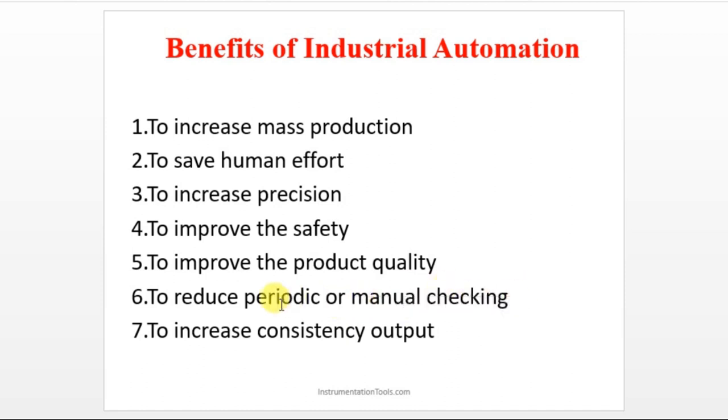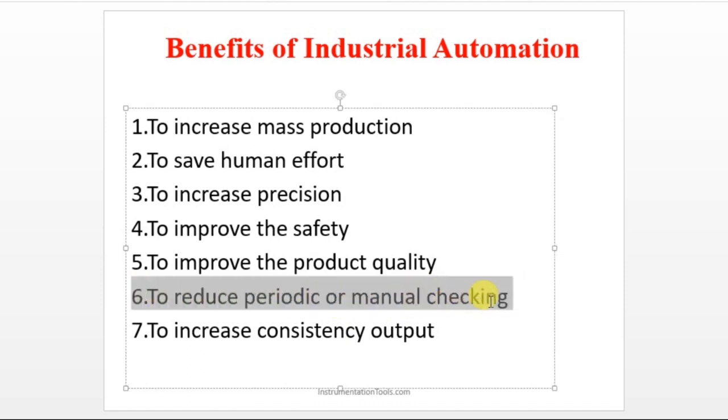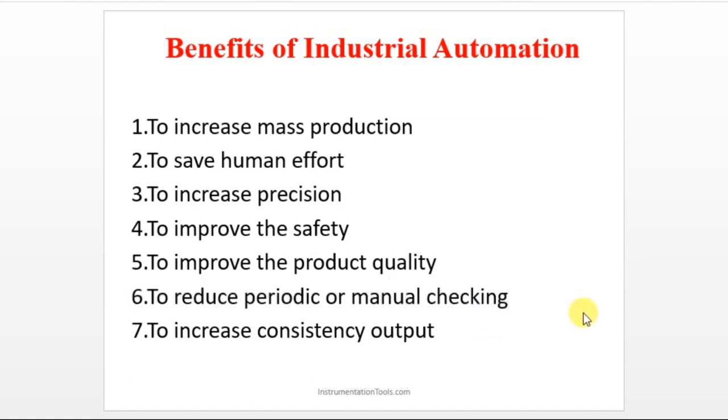This is very important, because if you put a human operator, obviously there will be human error, but if you put a machine there, we can reduce the error. But obviously to make that machine we want a human, that's a different case. To increase the consistency in output we also require a machine. So these are all the very basic benefits of industrial automation.